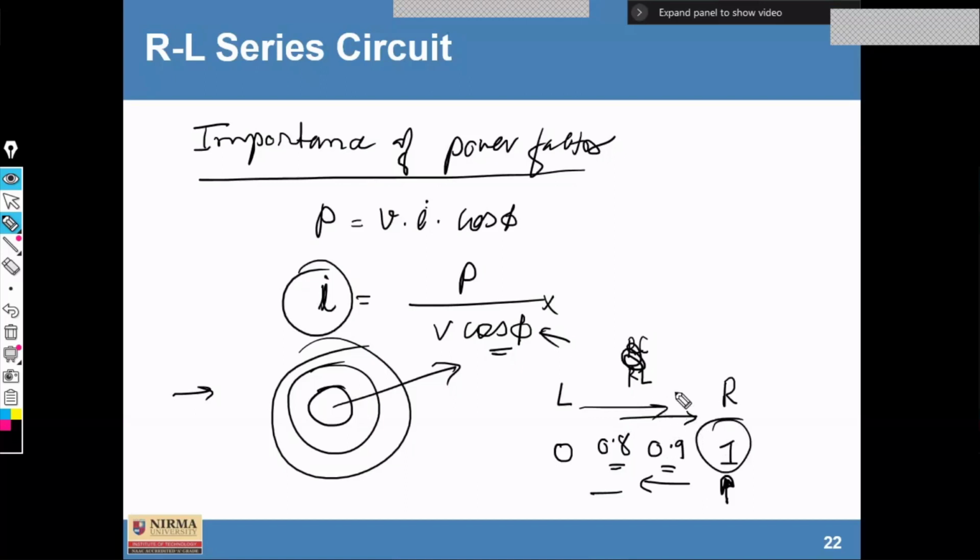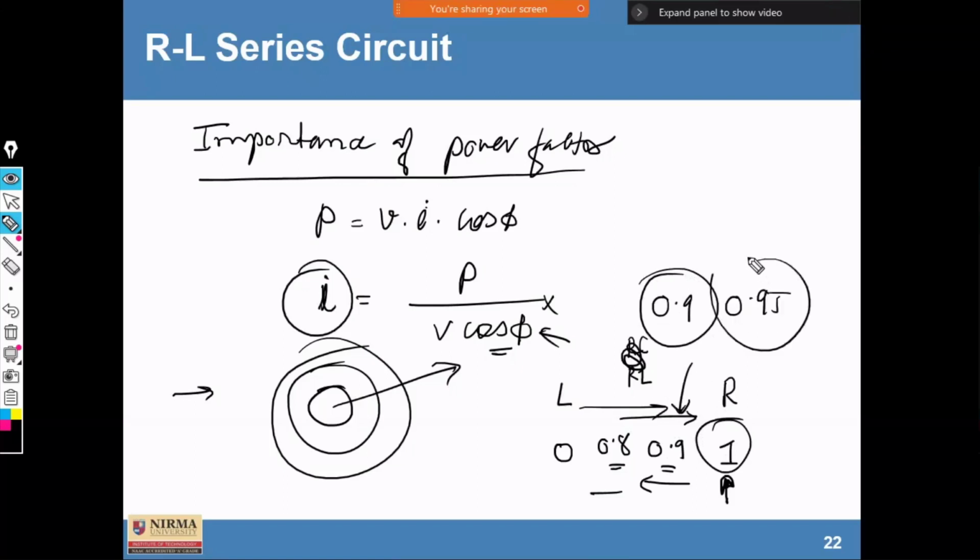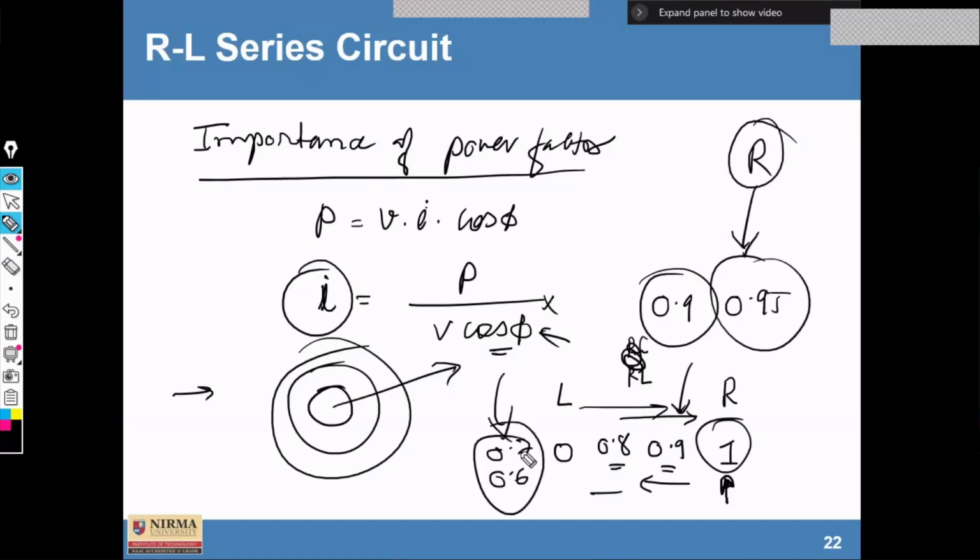So if you purchase electrical motors, motors having a higher power factor value of 0.9, 0.95 give you good results compared to 0.7 and 0.6 power factor. A 0.6 or 0.7 power factor means it will draw more current, and if more current is drawn for the same application, then the energy consumption will be more.